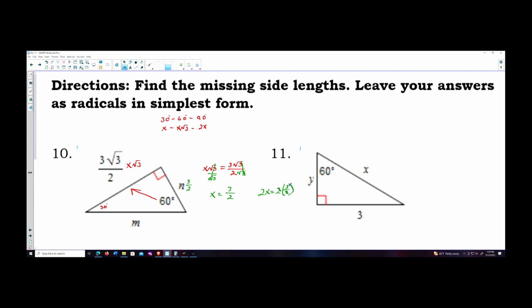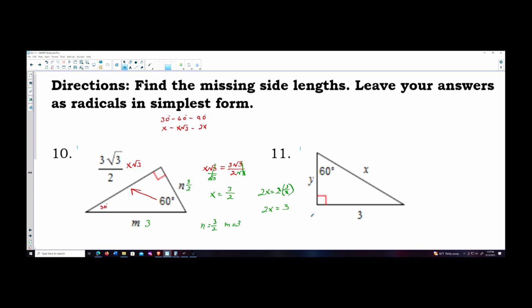Or you could just multiply 2 times 3 is 6, 6 divided by 2 equals 3. So 2x equals 3. So m equals 3, and n equals 3 halves. That would be the answer for n. m would be 3.